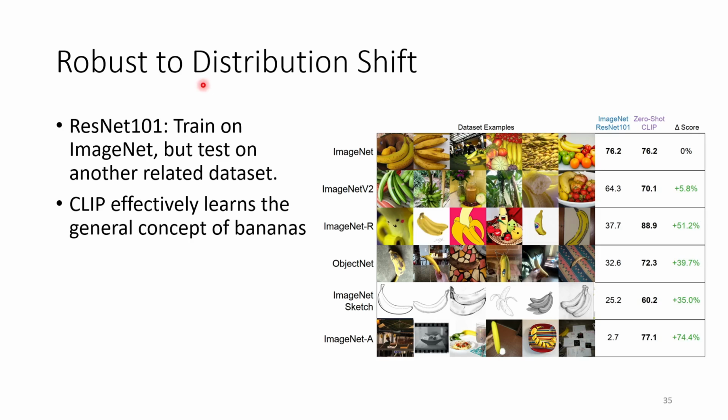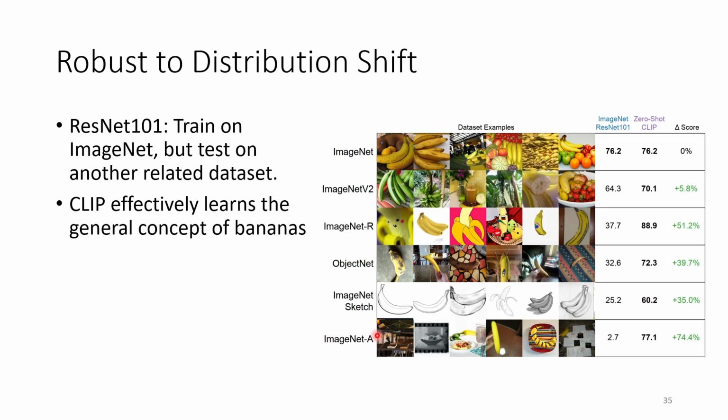This is called distribution shift. And they found that if they use their CLIP method without any fine-tuning, it can generate relatively better performance than a ResNet-101 trained on ImageNet and applied to other datasets.